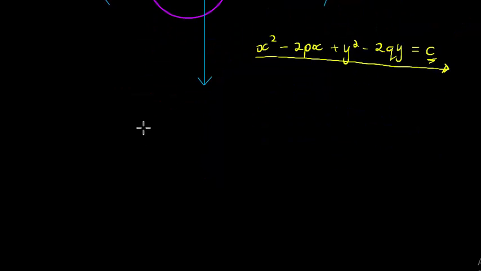Let's look at an example, because I think an example illustrates this well. Let's say x squared minus 8x, plus y squared plus 12y is equal to minus 3.